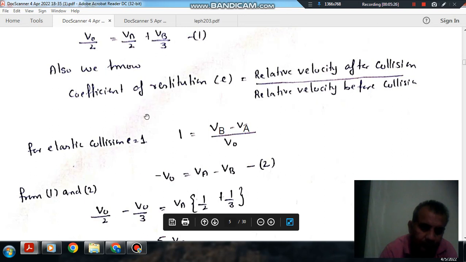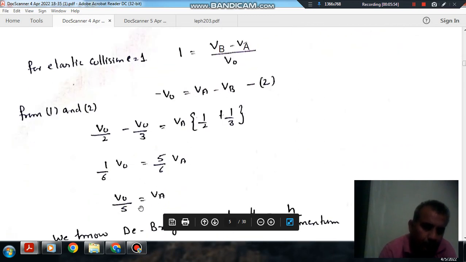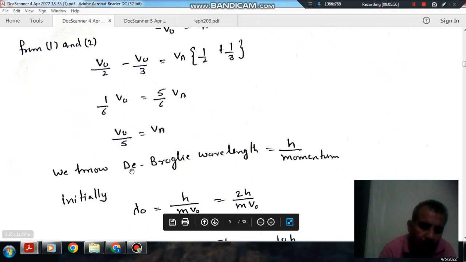Now we can divide equation number 2 by 3 and subtract it. So v naught by 2 minus v naught by 3 is equal to v_a into (1 by 2 plus 1 by 3), because v_b by 3 will cancel out. From this we have v_a equal to v naught by 5. The de Broglie wavelength is h by momentum.